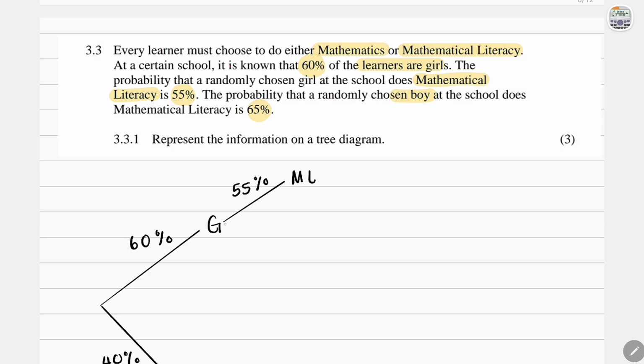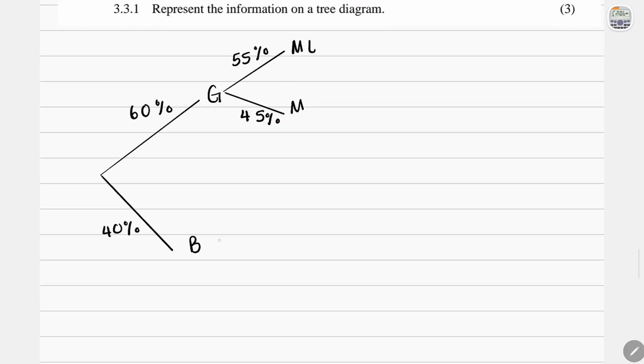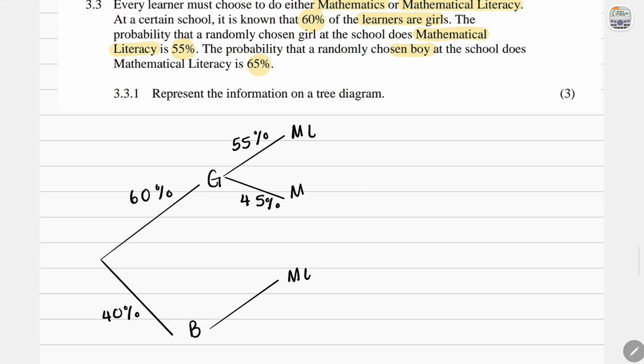And so that would mean the probability that a girl does maths would be the remaining 45%. And then they also tell us about the boy. They said the probability of randomly choosing a boy at the school that does maths lit is 65%. So with the boys, the probability that he does maths lit is 65%.